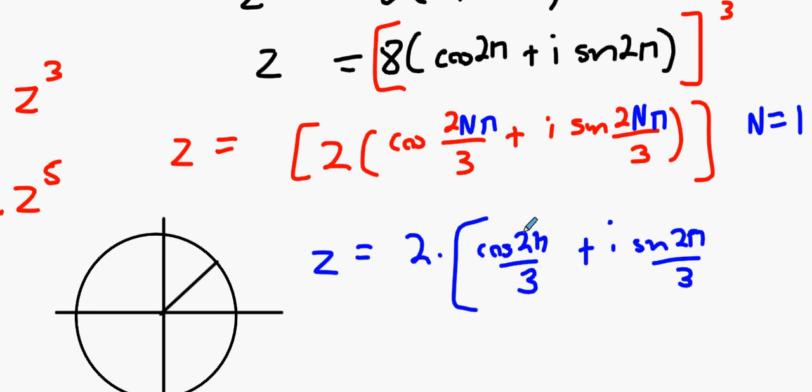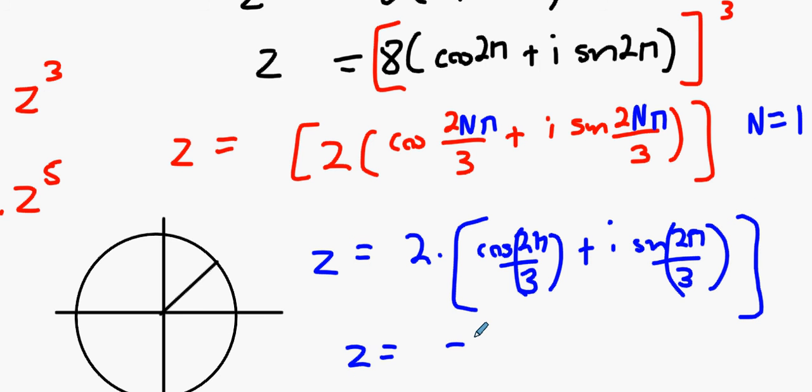So 2 pi over 3 is the angle. Just the angle part, okay? And what did we say that was earlier? It was minus 1 plus root 3i. Happy days. Next, try n equals 2. What happens when we do n equals 2? What do we get instead? So minus 1 plus root 3i is the first answer.